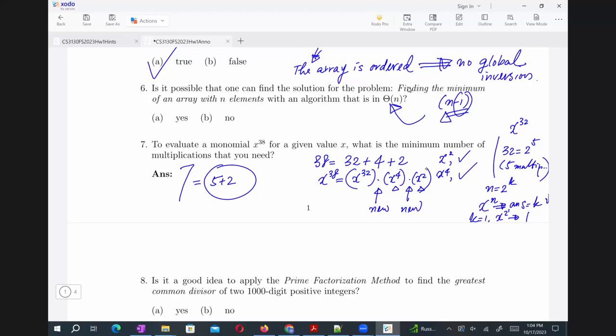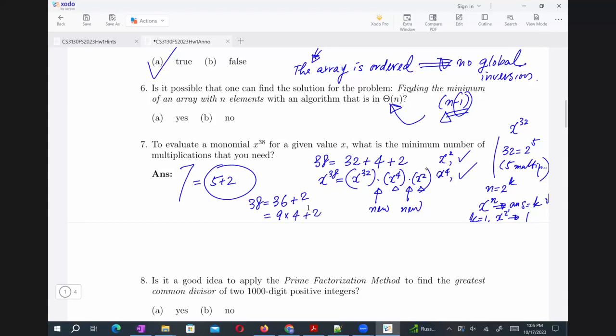That's the repeated squaring method. There is also repeated cubing, but here I just point you to the direction. We can also write 38 as 36 plus 2. How to write 36? 36 equals 9 times 4.